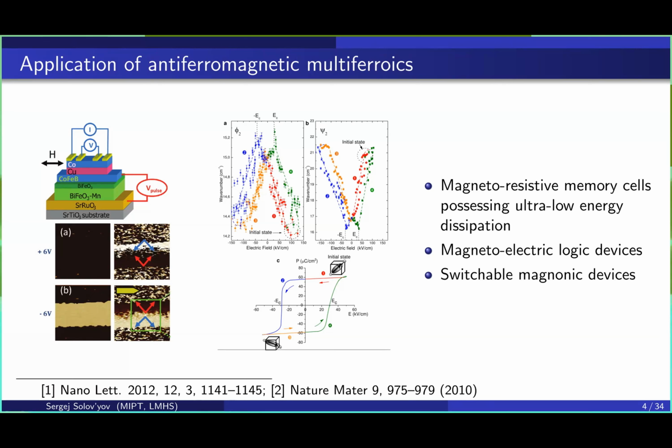There are also suggestions to use these magnetoelectric properties in logic devices, the so-called magnetoelectric spin-orbit logic devices. And because in bismuth ferrite and other multiferroics we can control magnetic states, it's possible to change the magnon or spin wave spectrum using external electric fields, and to create switchable magnonic devices using these antiferromagnetic materials.